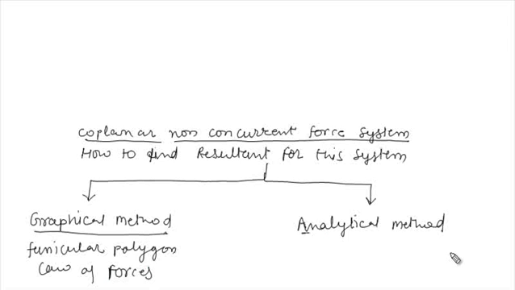The analytical method for finding R will be the same. First we have to find the algebraic summation of all the forces about the x-axis, because in 2D problems we generally have two axes, x and y. Similarly, we have to find the algebraic summation of all the forces or components of forces about the y-axis. I am saying algebraic summation because force is a vector quantity, so we have to think about direction also.